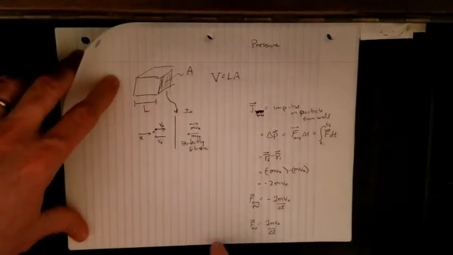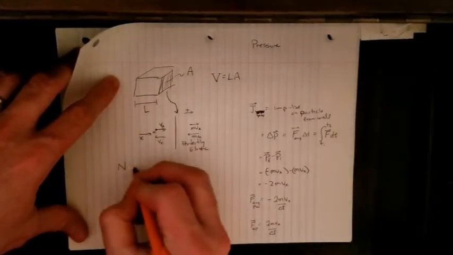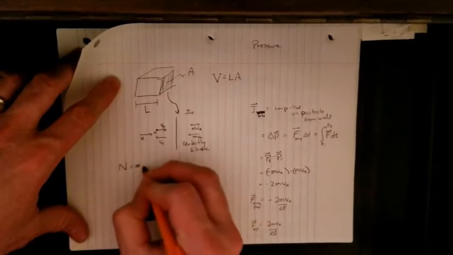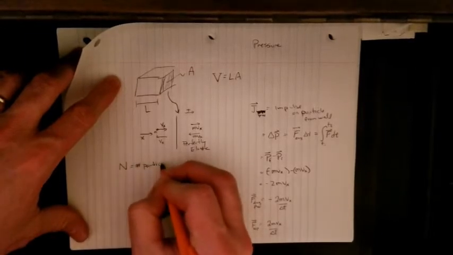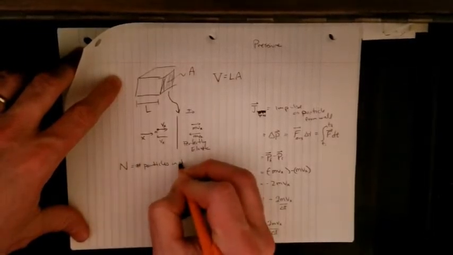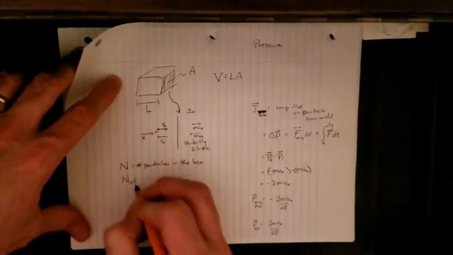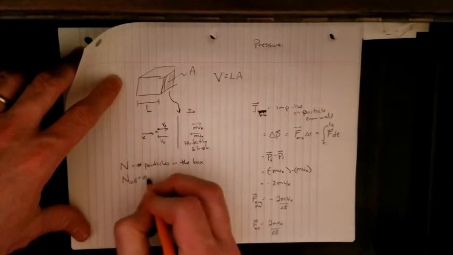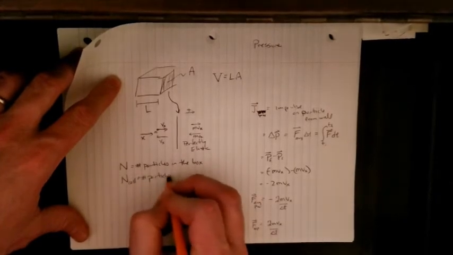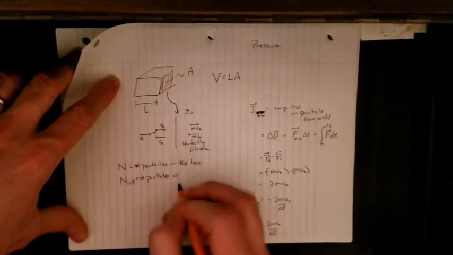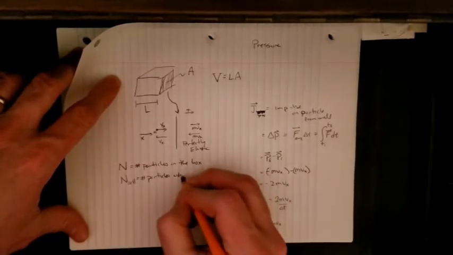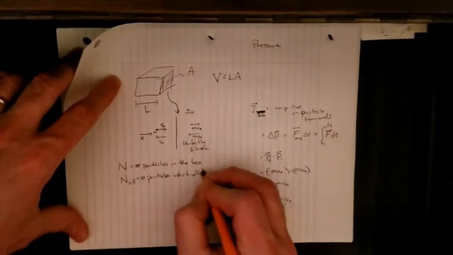Now that's just a single particle, so if I have n particles in the box, so let capital N be the number of particles in the box, let n sub col be the number of particles which collide with the wall.